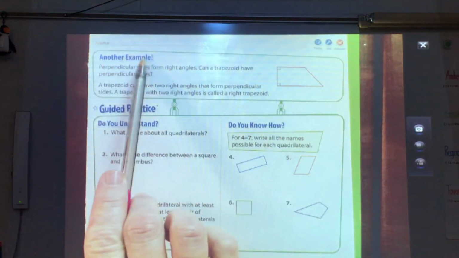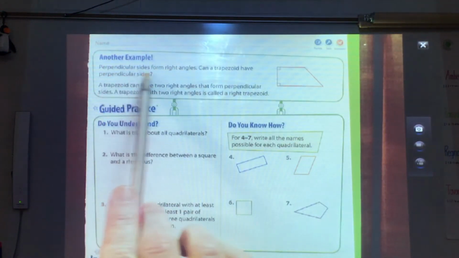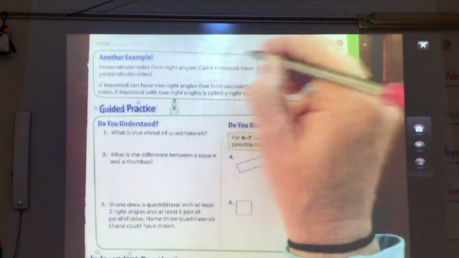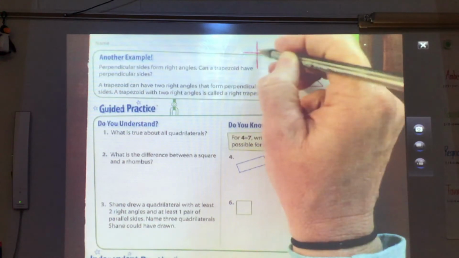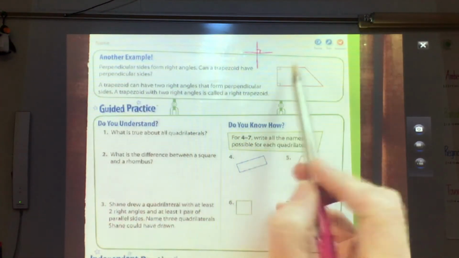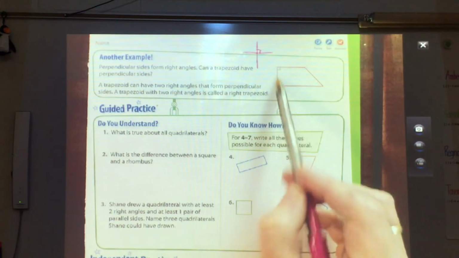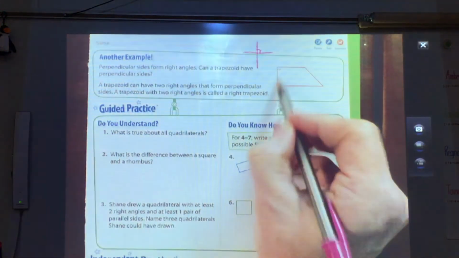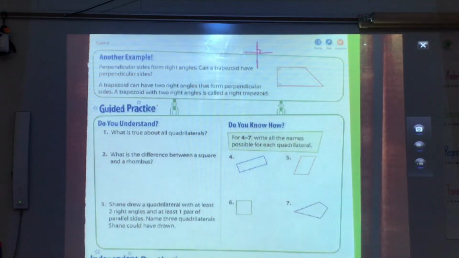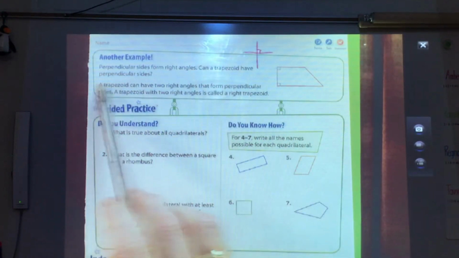The example that we have up top here says perpendicular sides form right angles. So remember, perpendicular lines are those lines that cross and form those right angles. So perpendicular sides would be this is perpendicular to this side, or this side's perpendicular to this side. And they form those right angles that you see there. Can a trapezoid have perpendicular sides?